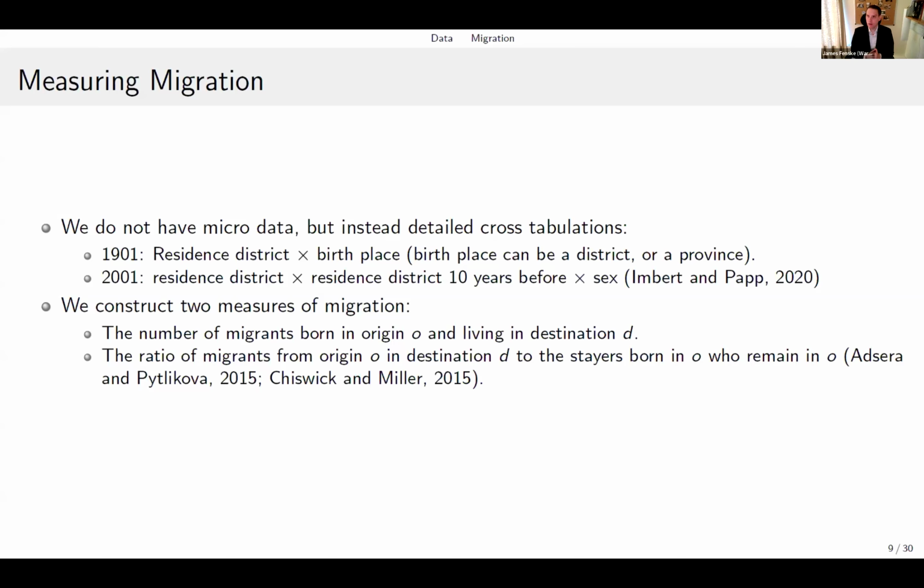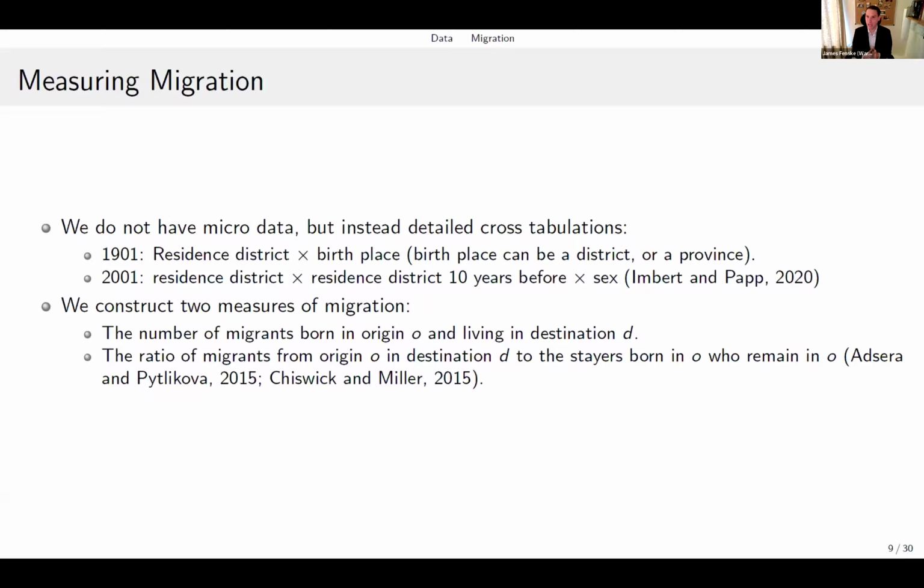In 2001, the data are much better. The publicly available data are not that much better. Indeed, in 2001 census data that you can just get from the Indian government website, you never know the district of origin for an out-of-state migrant.